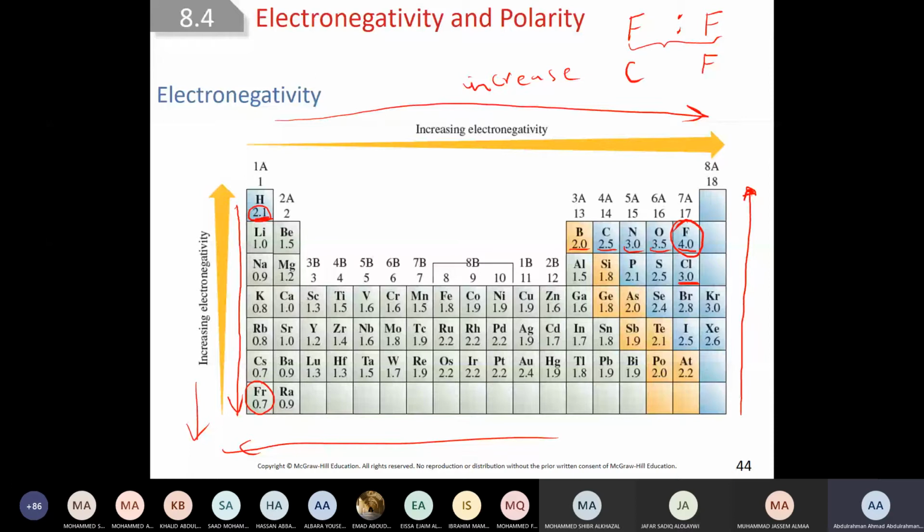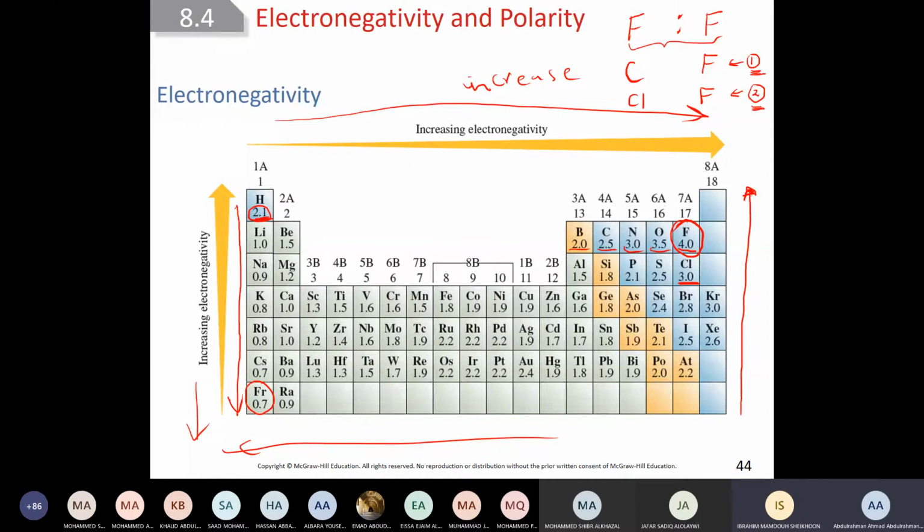or chlorine with fluorine, where are the electrons going to be closer to fluorine? Fluorine, because it has greater electronegativity. Is it going to be closer to fluorine in case 1 or case 2?